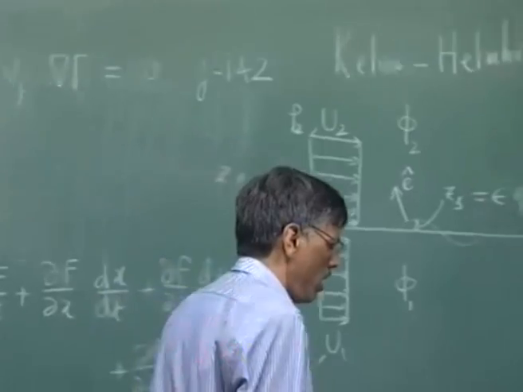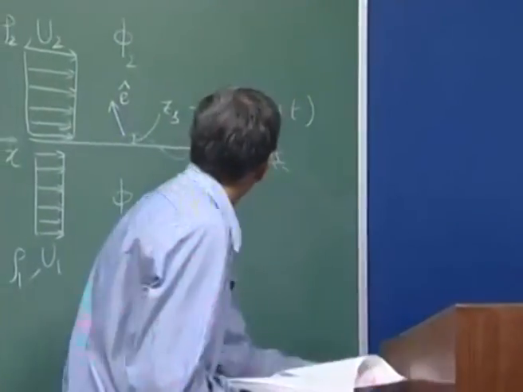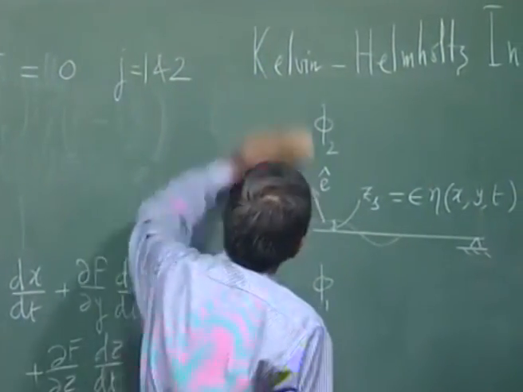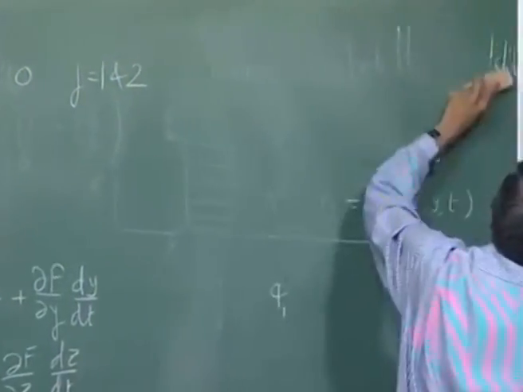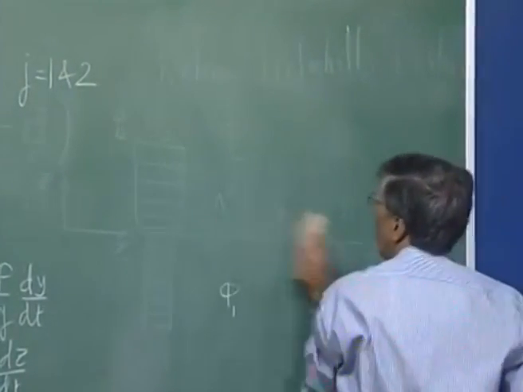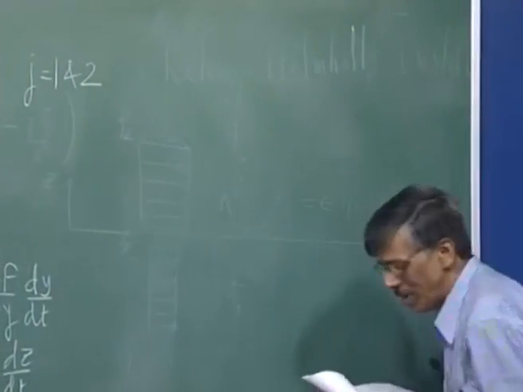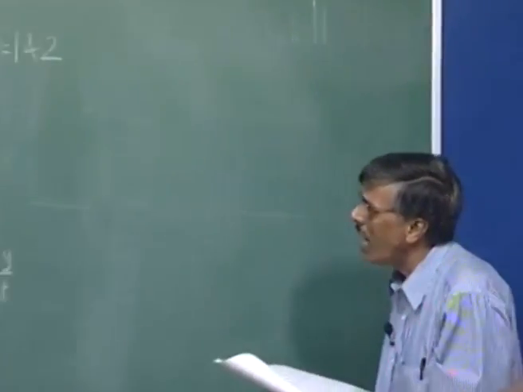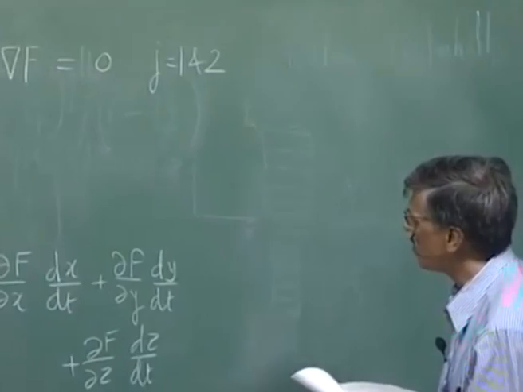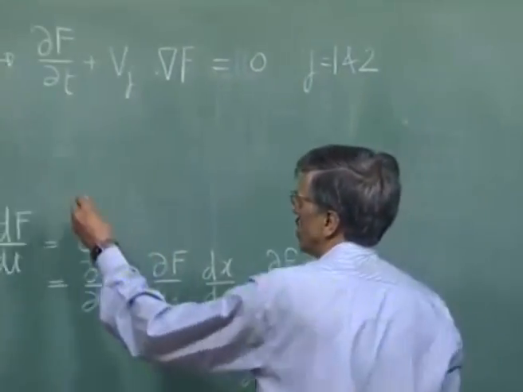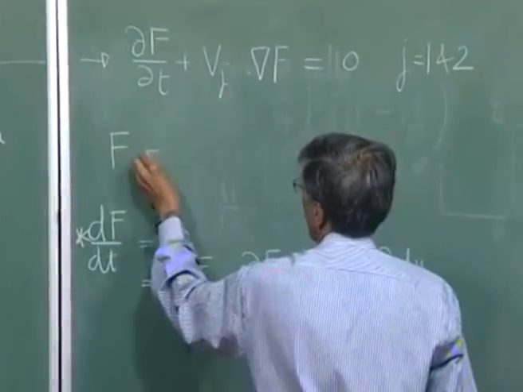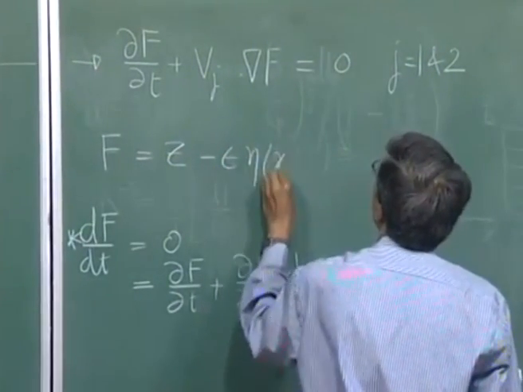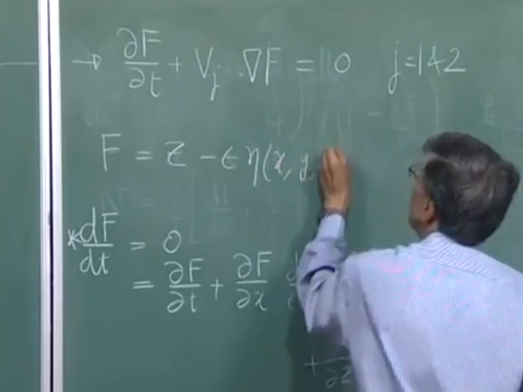So, this is what we are going to look at, and I will just erase this. We have two sets of boundary conditions. Now, what is our f? F was nothing but z minus epsilon eta of x y s x y t, right.